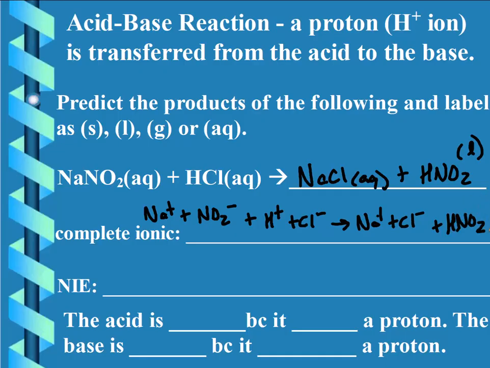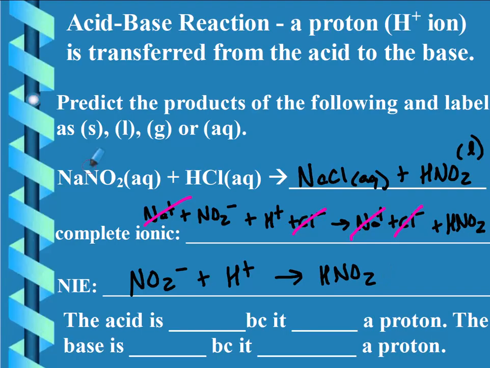Our spectator ions, we have chlorine and sodium. So that's our net ionic equation, and it's balanced. We can really see much easier where the proton went here compared to the molecular equation.